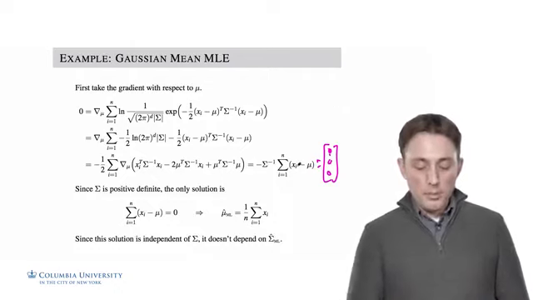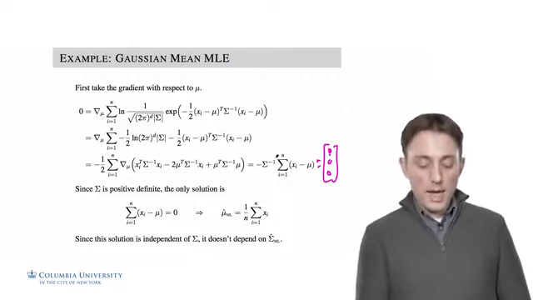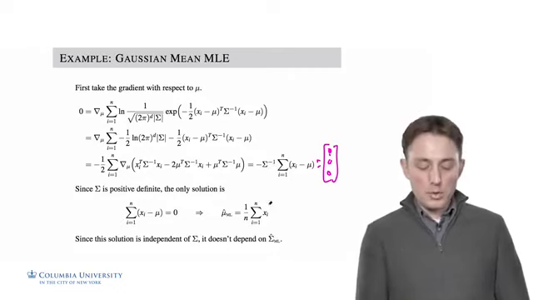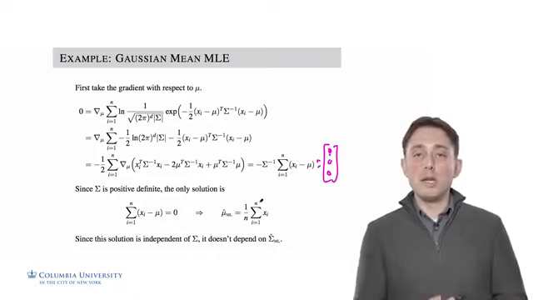And so we simply do it by inspection, and we notice that fortunately sigma doesn't matter. For any value of sigma, we can find the optimal value of mu by setting it equal to the empirical average of all of our data points.